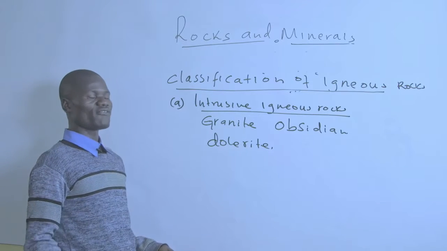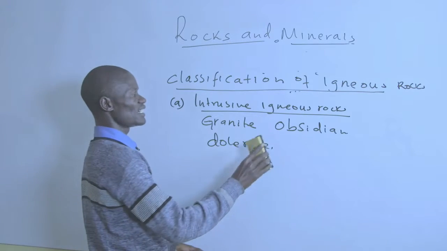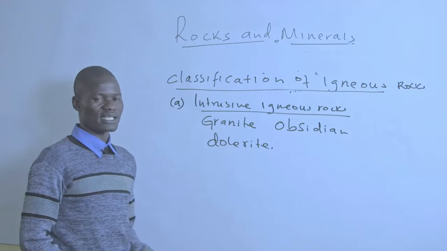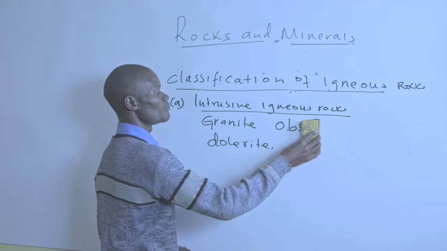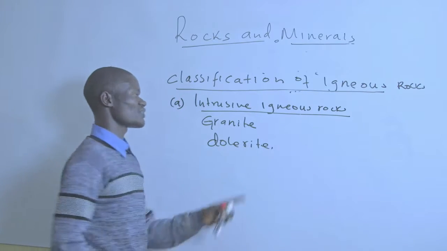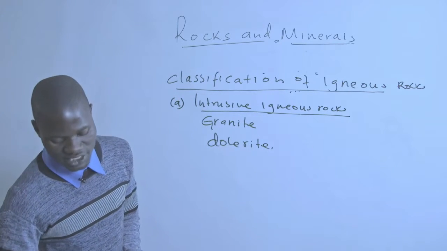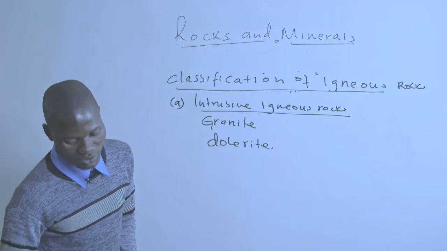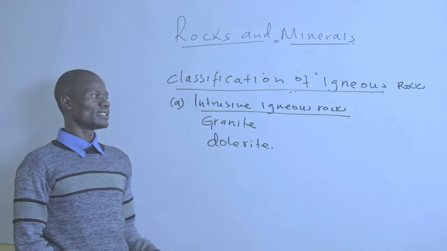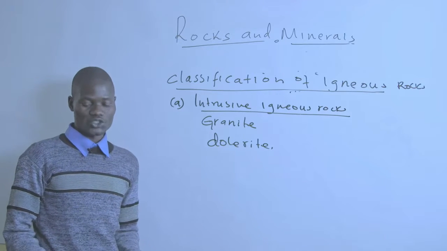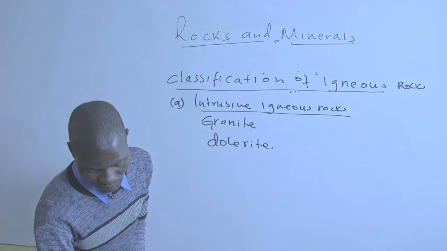Although there is a form of obsidian that is majorly categorized under extrusive igneous rocks, we may not place it under intrusive igneous rocks, because its rate of cooling was much faster during the magma cooling that led to its formation.